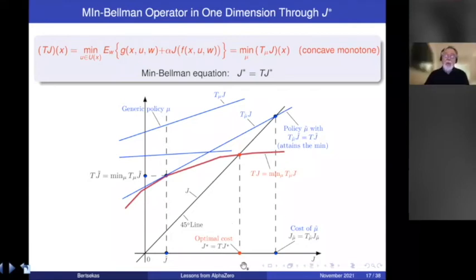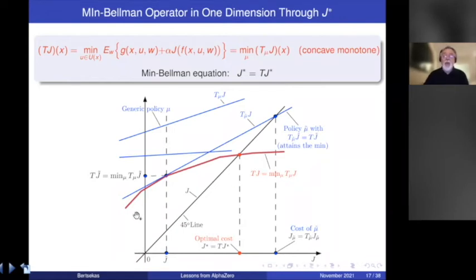And now the optimal cost, J star, is obtained as the fixed point of the operator T. It is the point where the red curve meets the 45-degree line. So that's how you visualize J star and all these operators and the connection of the blue operators with the red operator.